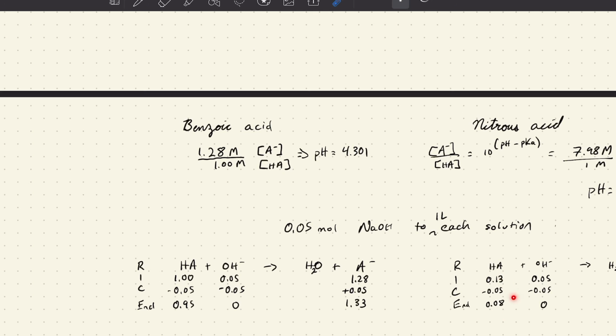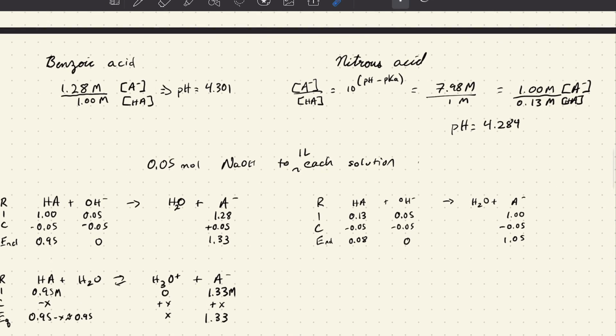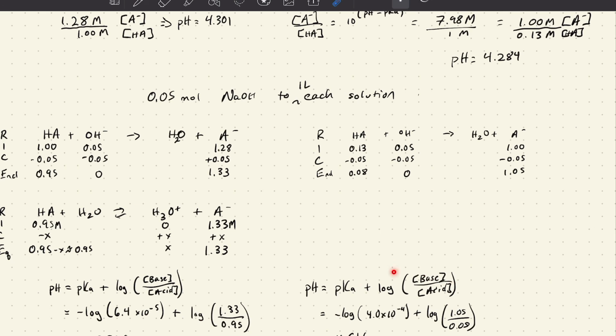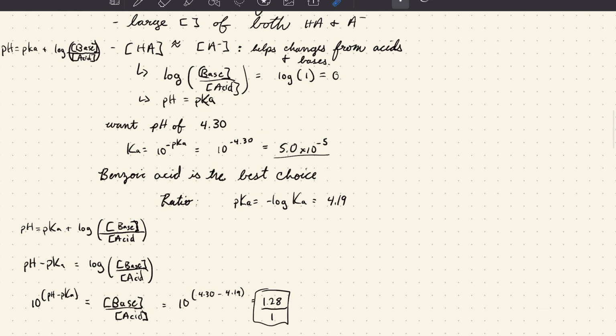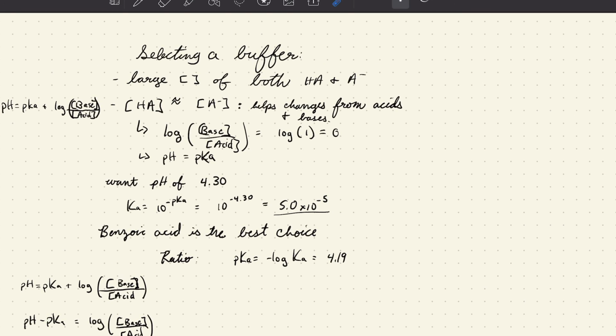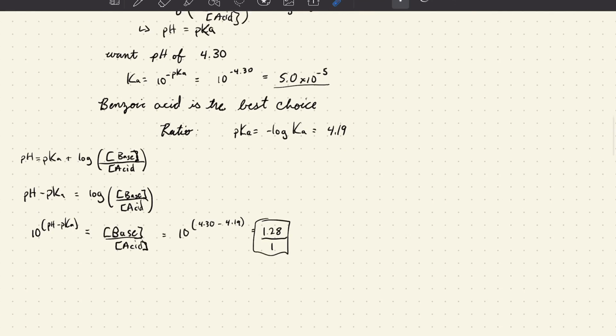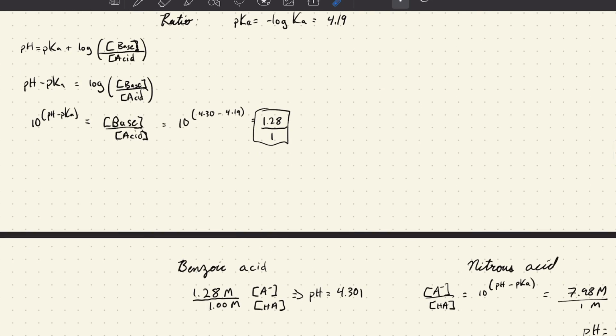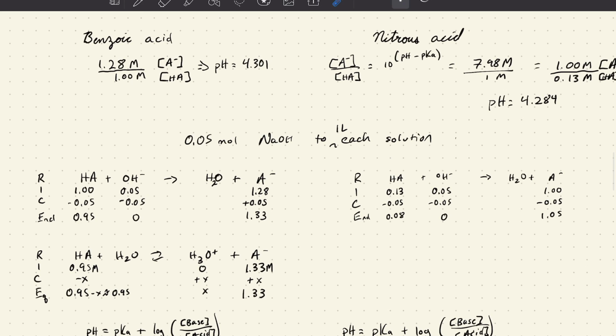This is a much bigger percentage change than this. So this one has a greater effect on the ratio in Henderson-Hasselbalch. That's why you look for a weak acid and conjugate base pair where the pH is close to the pKa. And that is selecting the correct buffer for a solution.